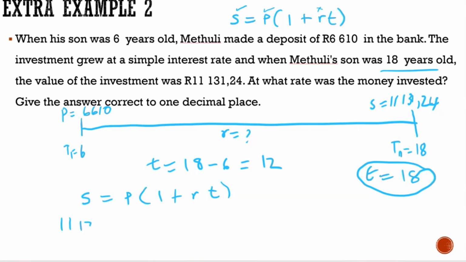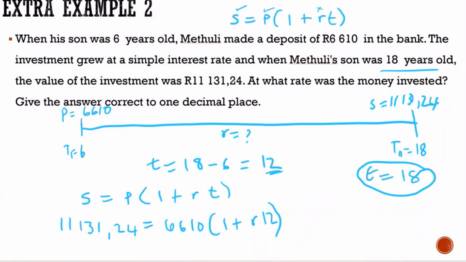11,131.24, which is equal to the present value, 6,610, into 1 plus R. You don't know your R, but your T, you've just calculated it because it was implicitly given to you. So you've got that, and you are going to divide both sides by 6,610.